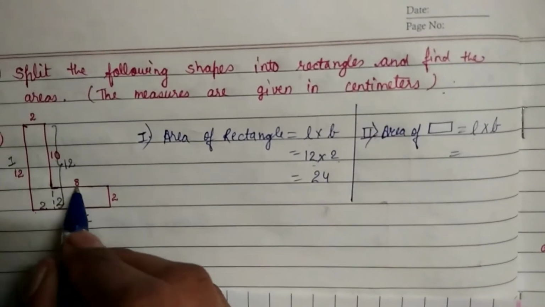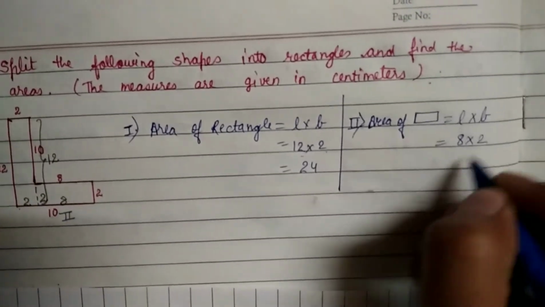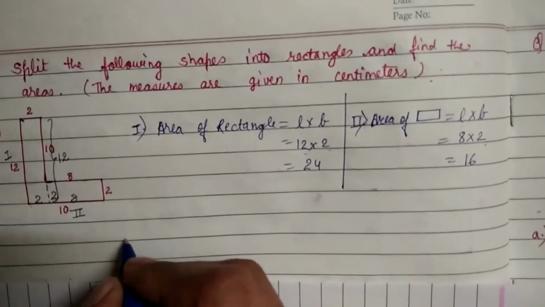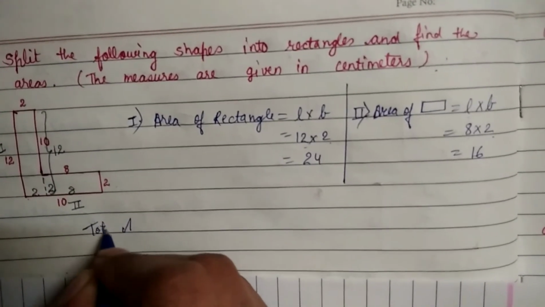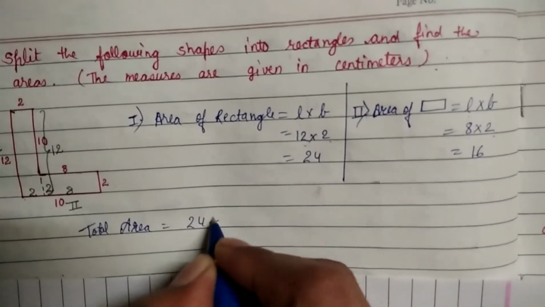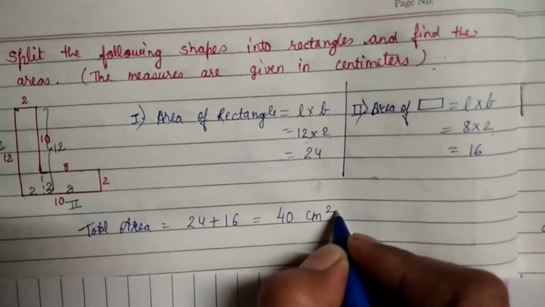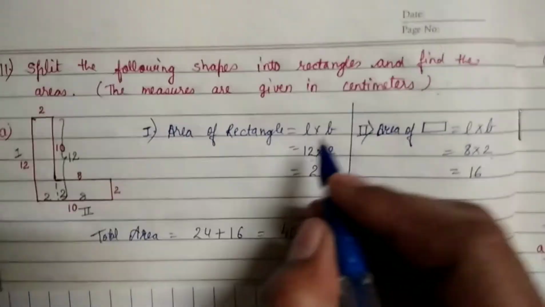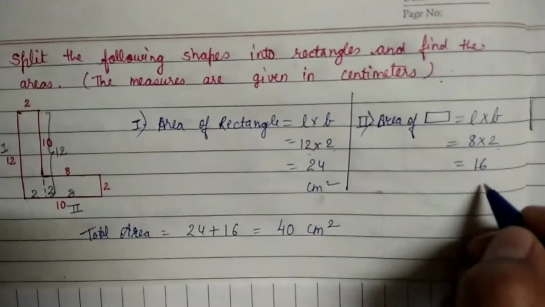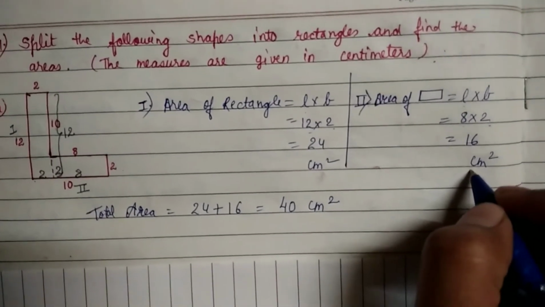In the second one, length is 8 and breadth is 2. And 8 twos are 16. So total area is 24 plus 16, which is 40 centimeter square, because they already gave us that the measures are in centimeter, so these areas are also in centimeters.